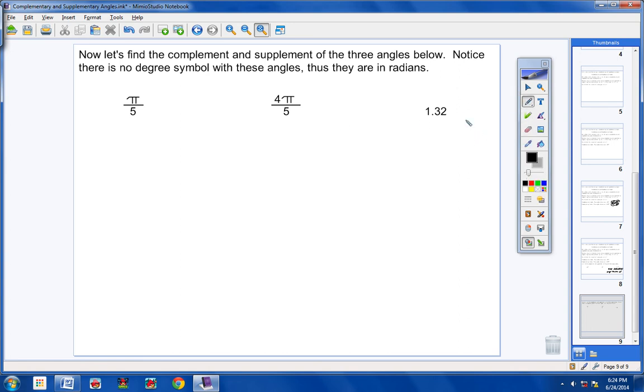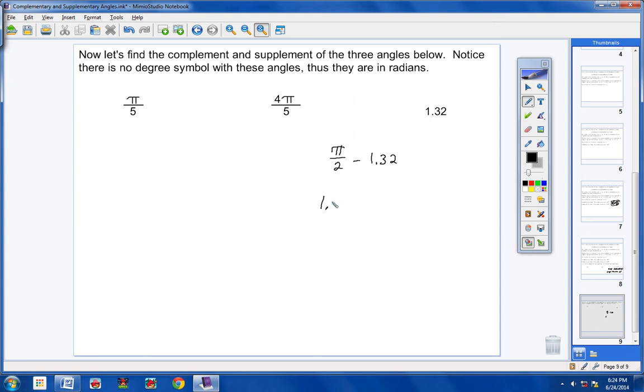Okay? And now this one right here, notice we're using decimals, so it's no big deal. Let's go ahead and find the complement of this angle. So we're still going to use pi over 2 minus 1.32. We just take our calculators and we change pi over 2 over to a decimal. So 3.14 divided by 2 would be 1.57.